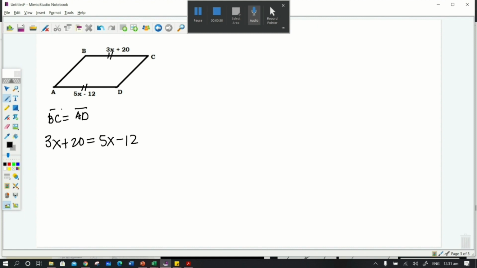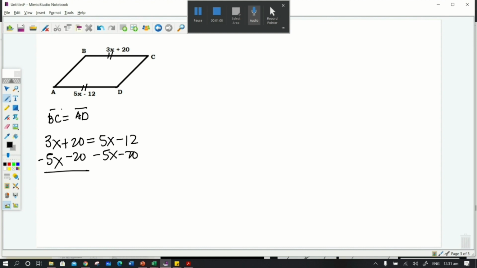So we combine similar terms. So we're going to subtract both sides of the equation by 5x. Also, we're going to subtract both sides of the equation by 20.